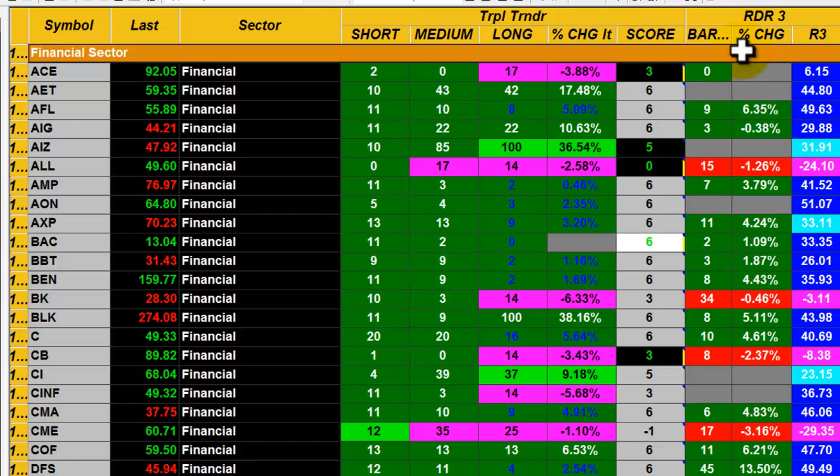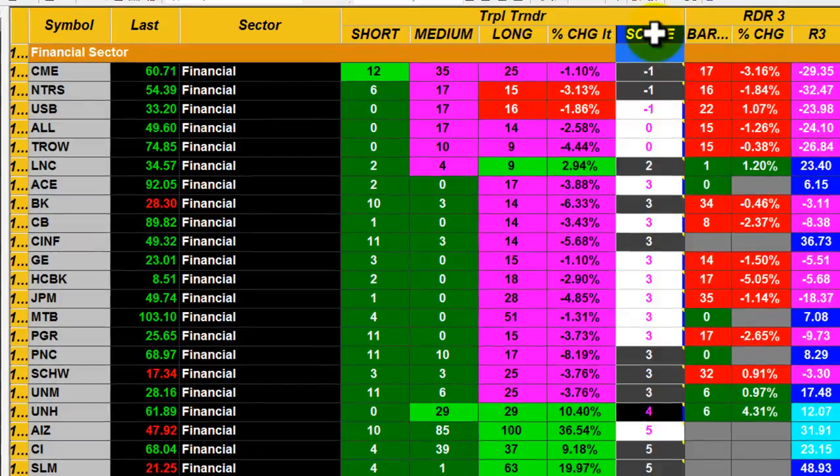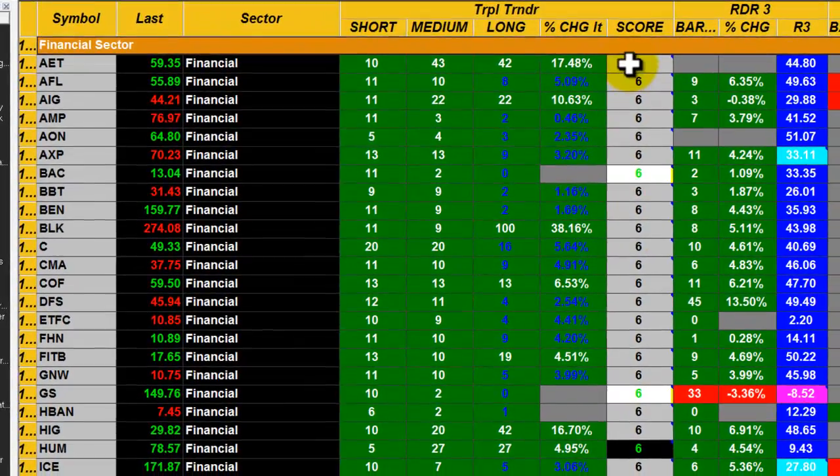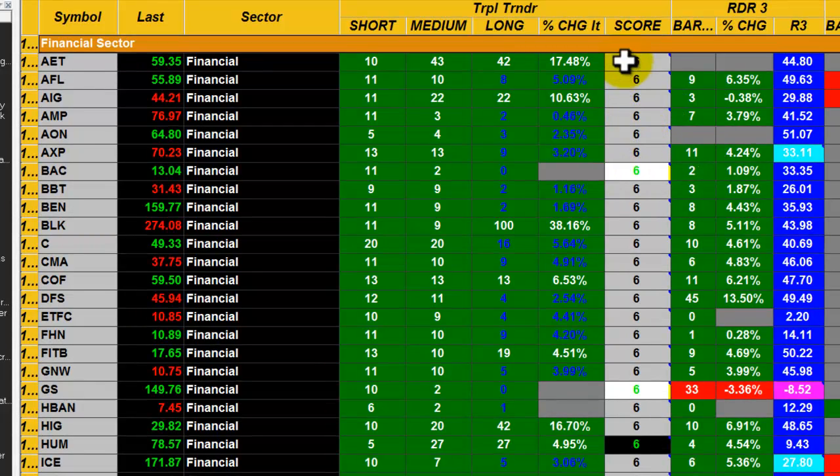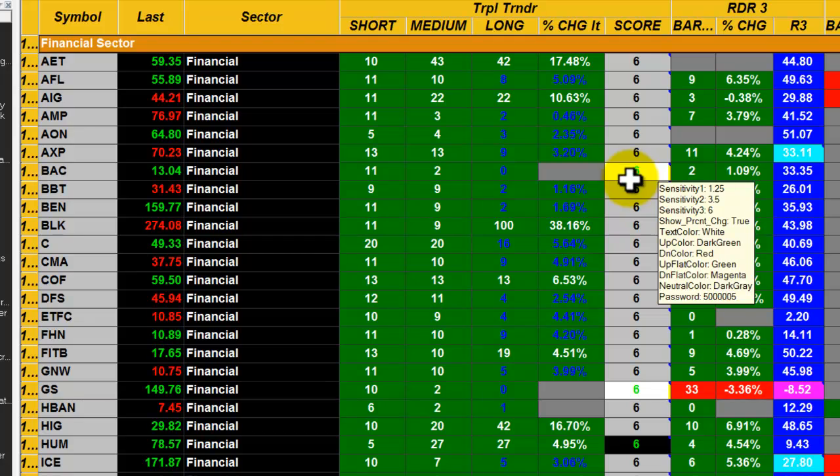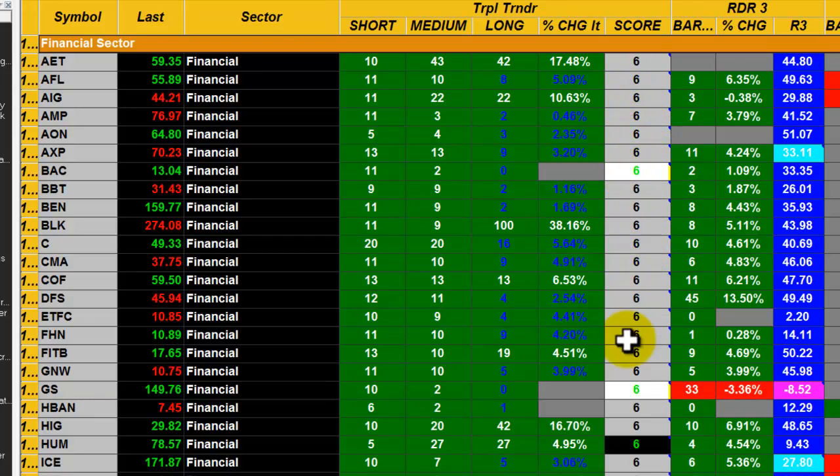I have other indicators with other signals, but these are the best ones for actually identifying a trend. So let's start by sorting on the score of triple trender, and you can see here that we have a lot of sixes. The ones with the white in the score column mean that it just turned to 6 on this bar, so that's the most recent confirmation of the triple trender. So I like this.